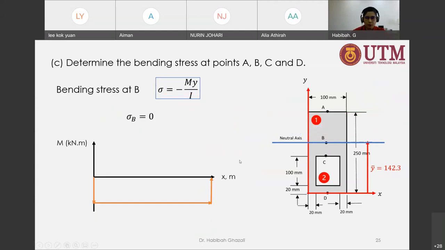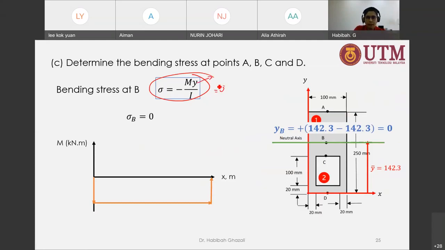Now we need to go for point B. Look at point B here. B is actually at exactly the neutral axis. So now it's going to be 0, because we said that our neutral axis is our point of reference. When our Y_B equals 0, this whole term is going to be equal to 0.